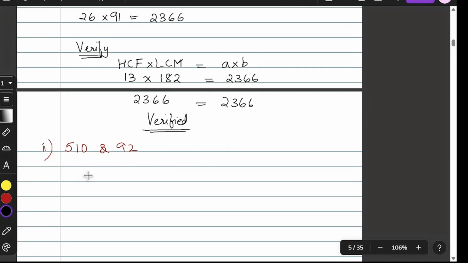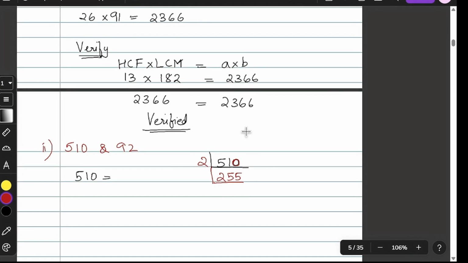So first I have to find the factors of 510. I can see here that my ending number is 0, so I can divide by 2. On dividing it by 2, I am going to get 255. Again, I have to check whether this number is divisible by 3.